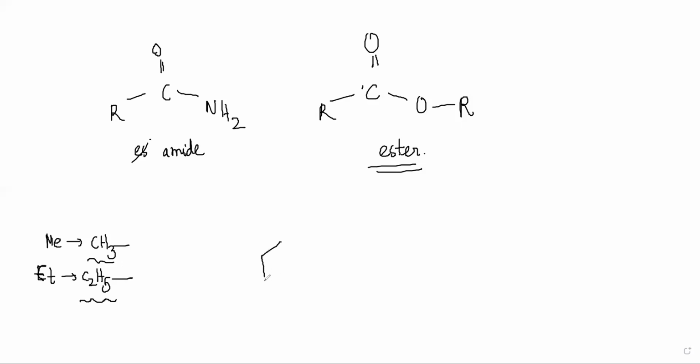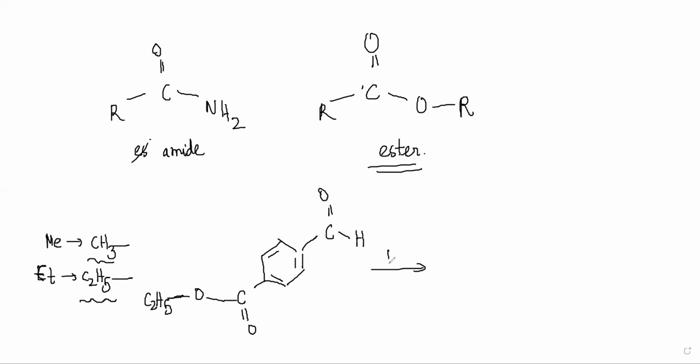So here, this particular compound has a C double bond O with a C2H5 here, and this is a single bond. So this is clearly the ester part, and this part with the C double bond O is the aldehyde part.